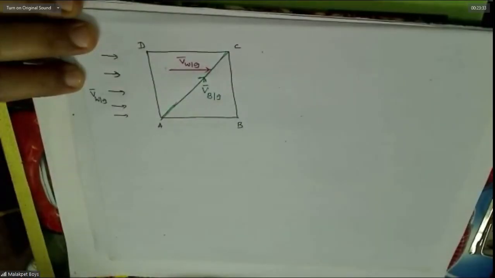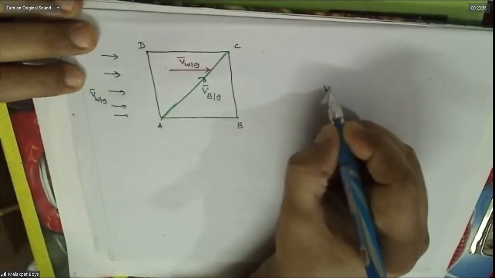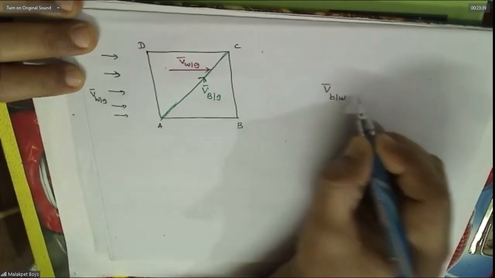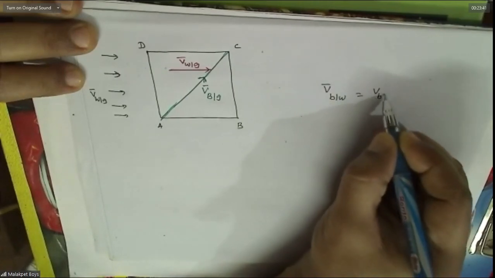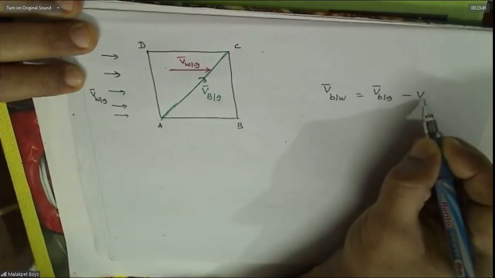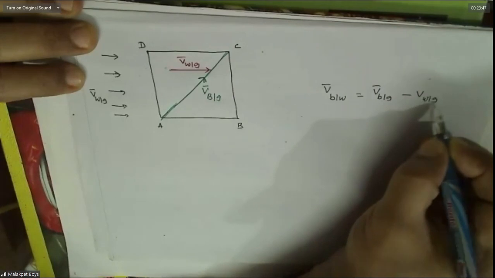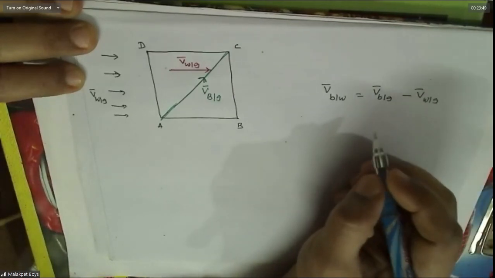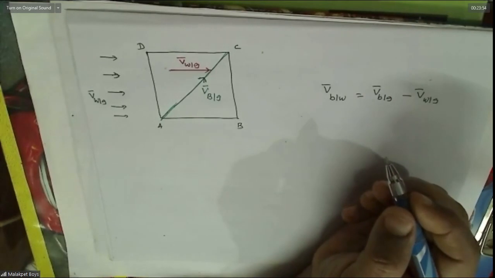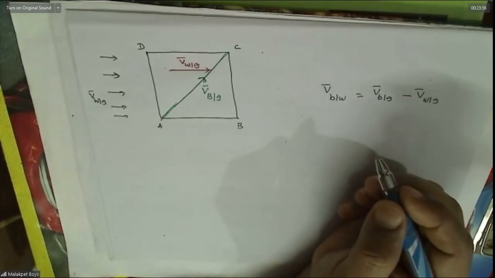Then, for example, we are saying velocity of bird with respect to wind is nothing but velocity of bird with respect to ground minus velocity of wind with respect to ground. Do you agree with this or not? Yes, sir. Agreed, sir.